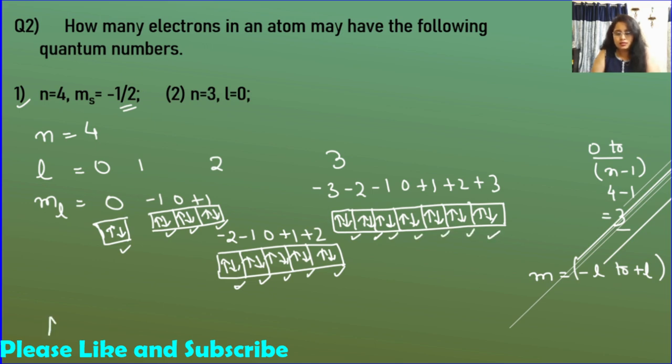So we have 16 electrons with the condition n is equal to 4 and ms is equal to -1/2. The answer is 16 electrons.